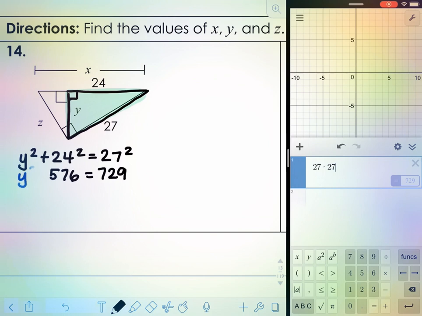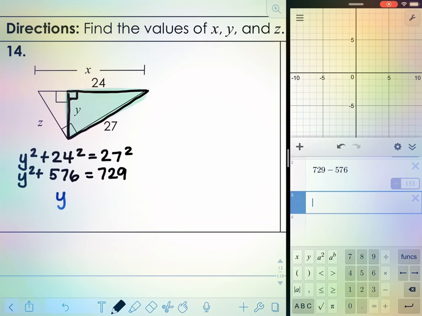So y squared plus 576 equals 729. If we do 729 minus 576, we get 153. So y squared equals 153. And then we take the square root of both sides. Once we do that, we get y equals the square root of 153.